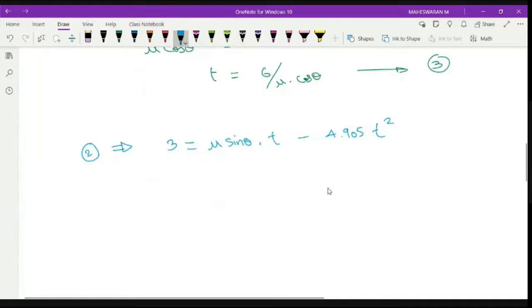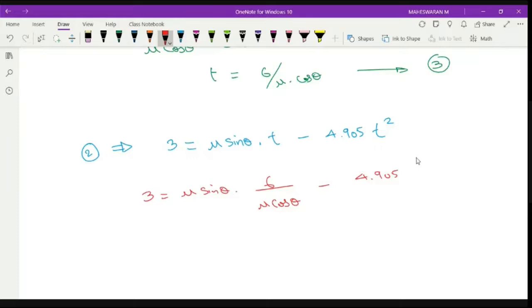Now I'm going to substitute this 3 in this equation. Let me identify what you will get. So 3 is equal to u sin theta into t. I can substitute t as 6 by u cos theta, minus 4.905 t square.